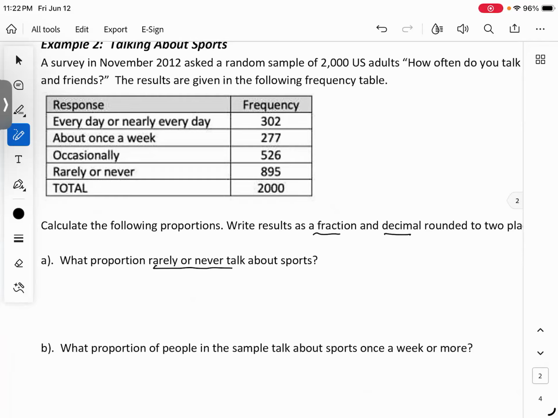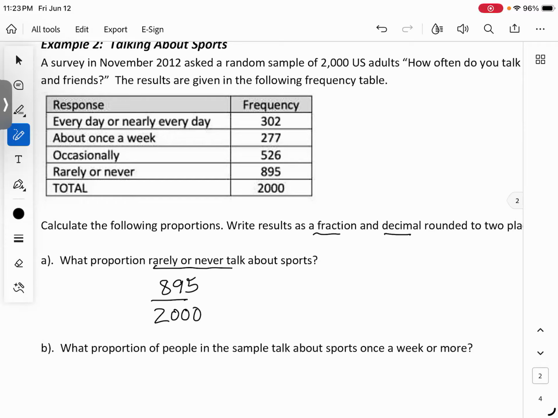But just take a look at that and what numerator and denominator would you need if you're doing those who are on the lower side of rarely or never talking about sports. And here it comes. It's going to be 895 out of 2000, and then you'd go ahead and do the division for that.